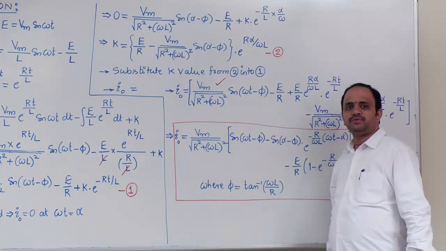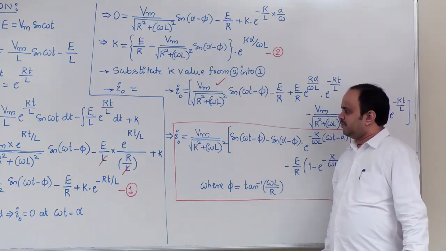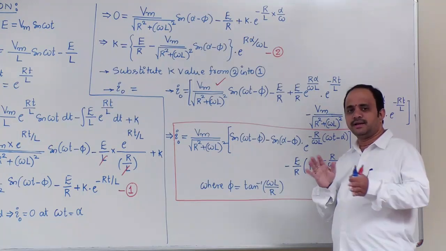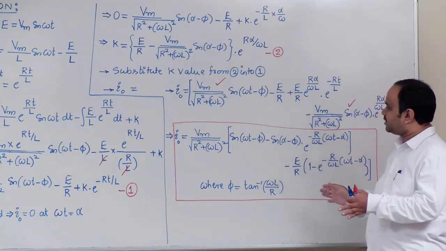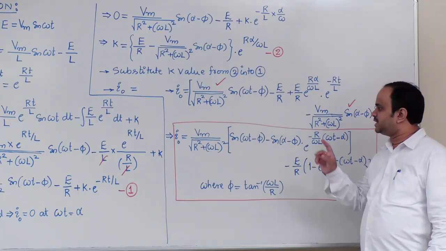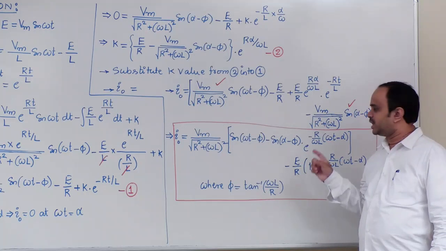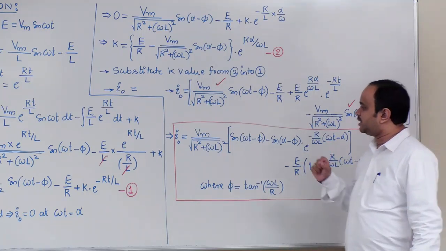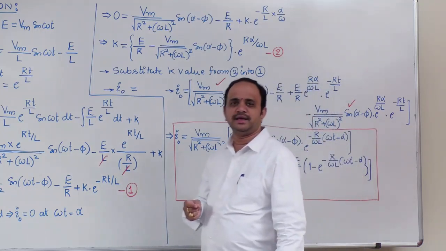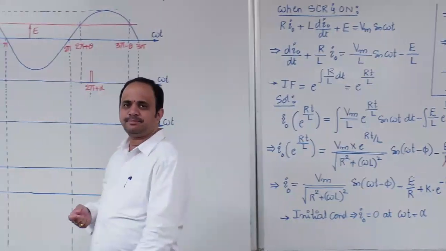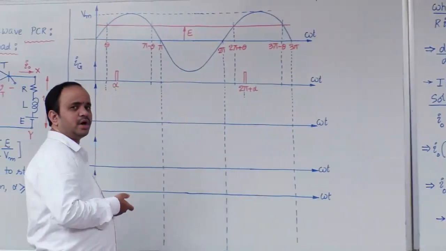Therefore, what is the point to understand at this stage? Whether the load is either RL load or RLE load, the waveform shape will be purely decided by two terms. One is sinusoidal and another is the exponentially decaying component. So, whatever I0 waveform we had earlier for RL load, the same I0 waveform is applicable for RLE load also.